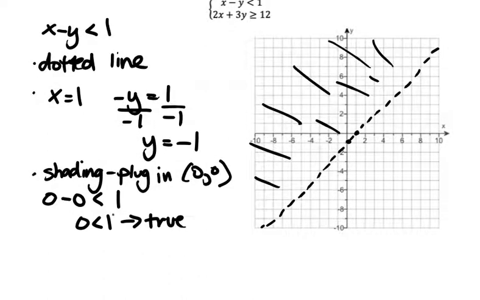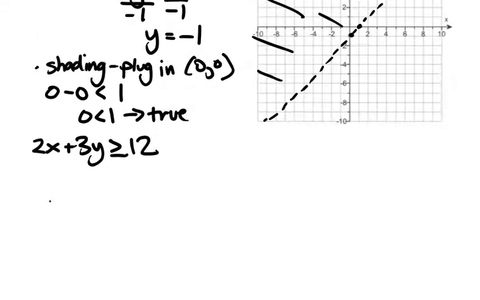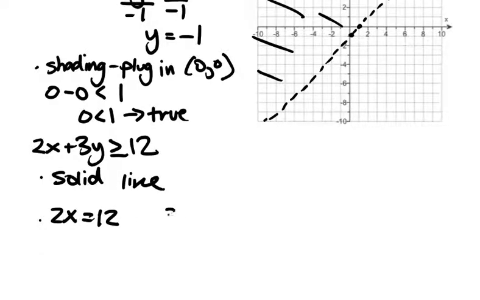The second line is 2x plus 3y greater than or equal to 12. So this is going to be a solid line because it's greater than or equal to. My points are going to be 2x equals 12 and 3y equals 12.